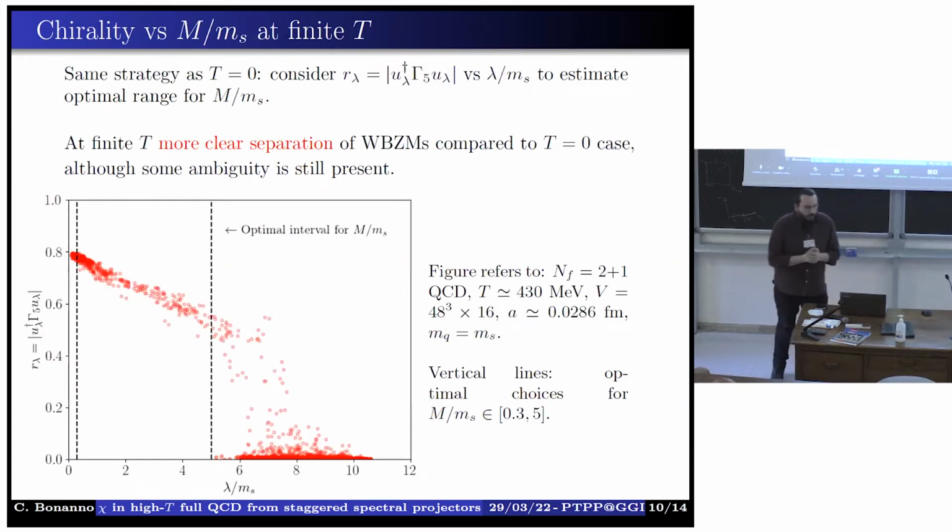So again, we look at the chirality also at finite temperature in order to determine our optimal range for the cutoff mass. This is an example for a temperature of 430 MeV on a lattice with lattice spacing 0.0286 fermi, so quite fine.